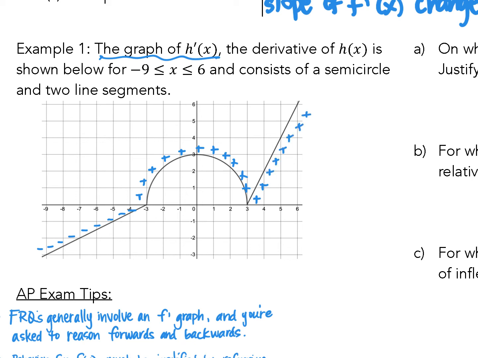So only one change from negative values to positive values. We also have positive slope and then changing but staying positive slope, and then negative slope, and then changing back to positive slope again. So that did change twice.